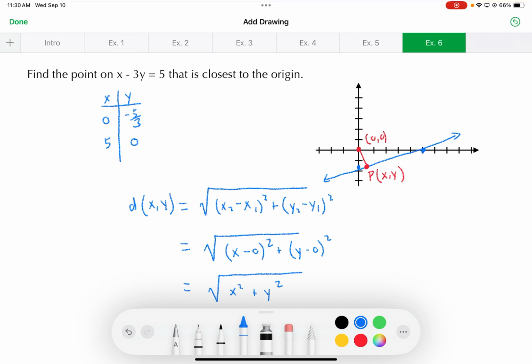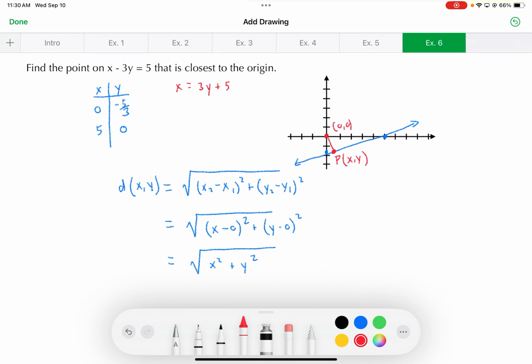Would you rather solve that for x or would you rather solve that for y? I hope you said x. Just add 3y over. If I solve it for y, I'll end up with a fraction, right? I don't want to mess with fractions if I can avoid it.